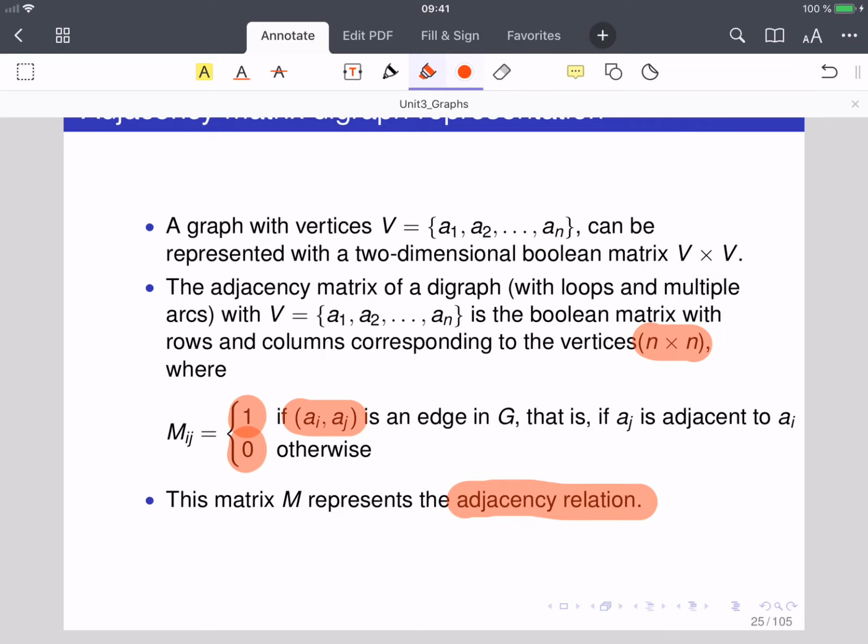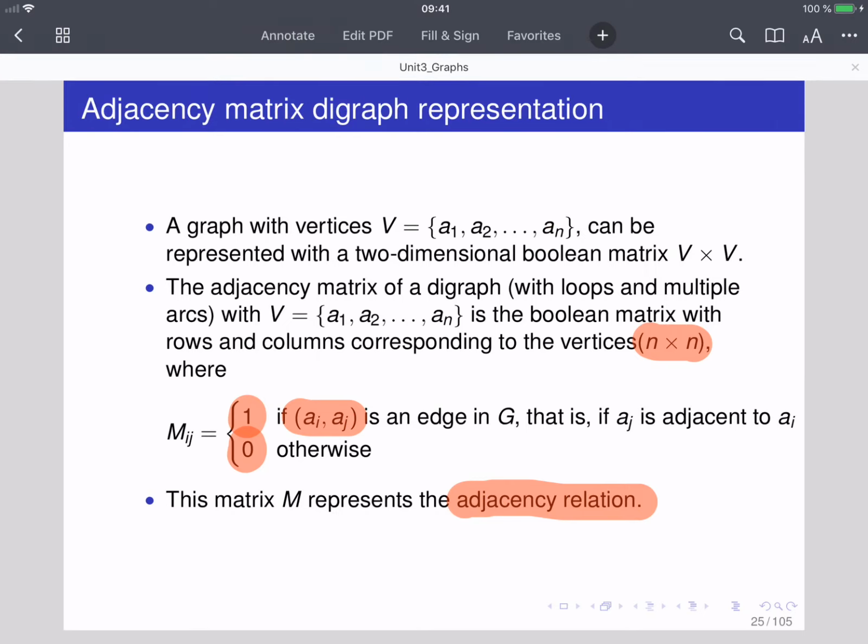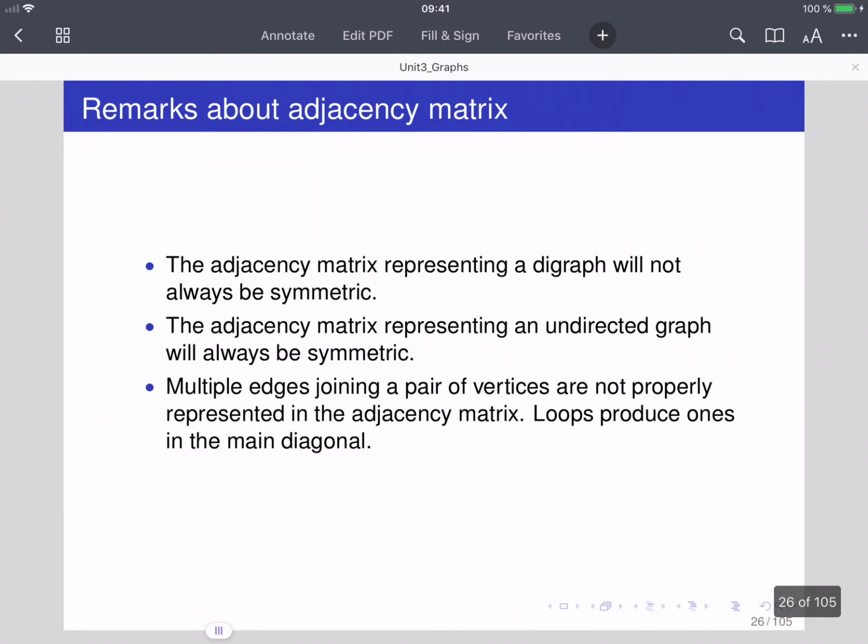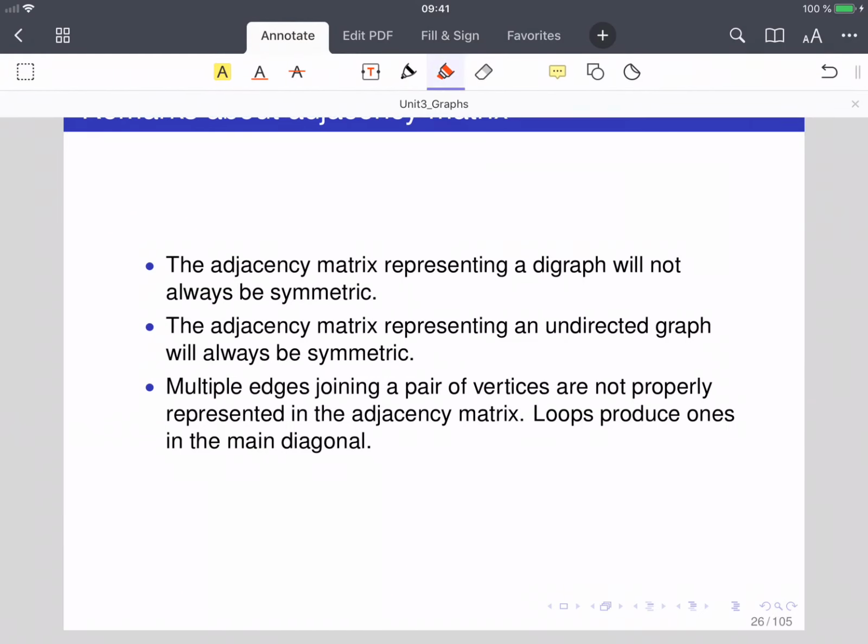And this is a way in which we can store the information of the graph in order to use it with the computer. Take into account that since we are dealing first with directed graphs, this adjacency matrix is not in general symmetric, because we can have an edge from, let's say, 2 to 4 without an edge from 4 to 2.